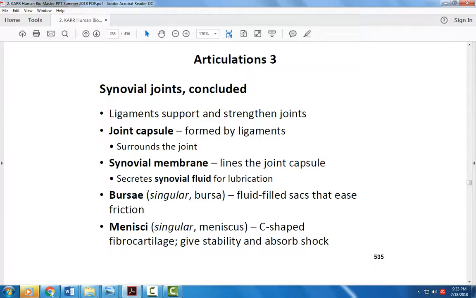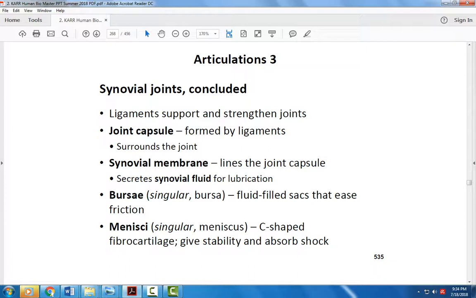We call that the joint space, and it's surrounded by ligaments on the outside, which form a joint capsule. Then there's a membrane that lines the inside of the joint capsule. That's called the synovial membrane, and there are special cells that secrete synovial fluid into that space, which allows for lubrication.